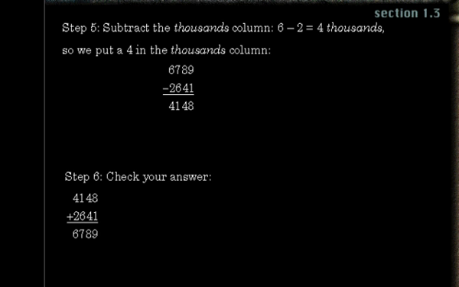Step 5. Subtract the thousands column. 6 minus 2 equals 4 thousand, so we put a 4 in the thousands column, like this. Step 6. Check your answer. 4,148 plus 2,641 equals 6,789.